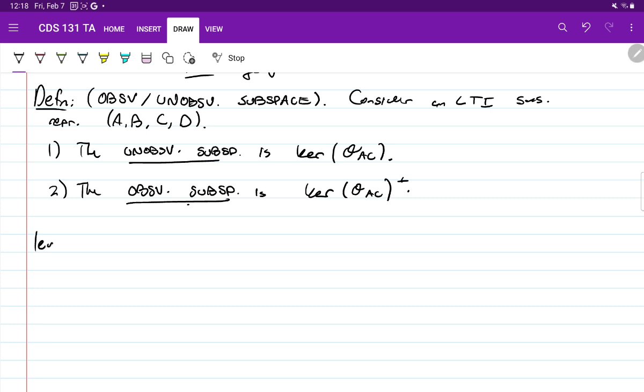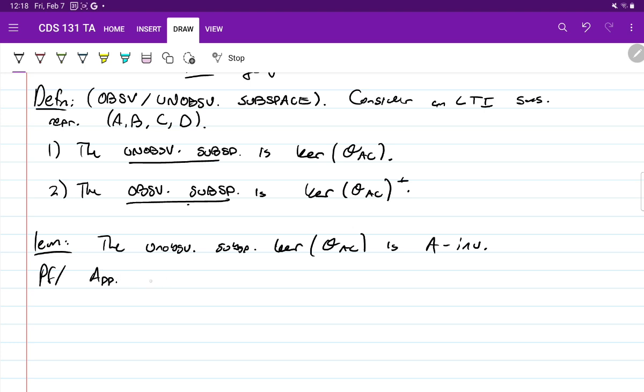So that brings us to a lemma: the unobservable subspace, let me just rewrite it out, kernel of OAC, is A invariant, okay? So that means that if we take a vector v, which belongs to this kernel, and we multiply it by A, then A times v will still belong to this kernel, all right? And the proof of this is just apply Cayley-Hamilton.